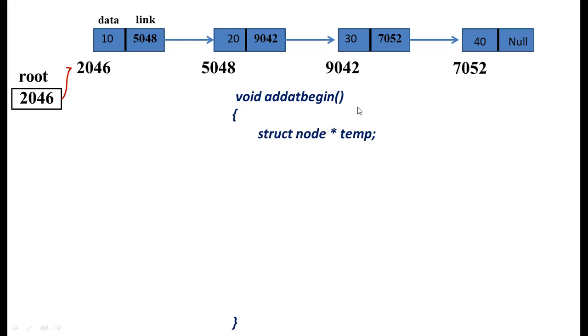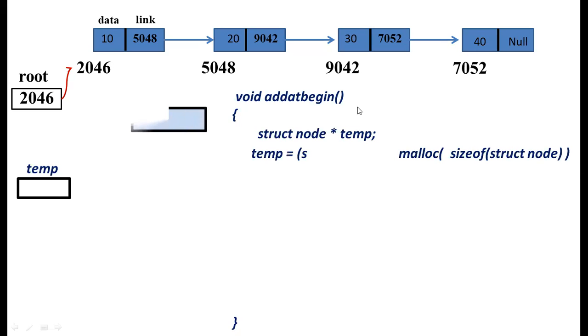So the temp variable gets some memory allocation. And by using the malloc function, we are allocating a node, say at some location 5216, and collecting this into the temporary variable so that temp will be pointing to this particular location.